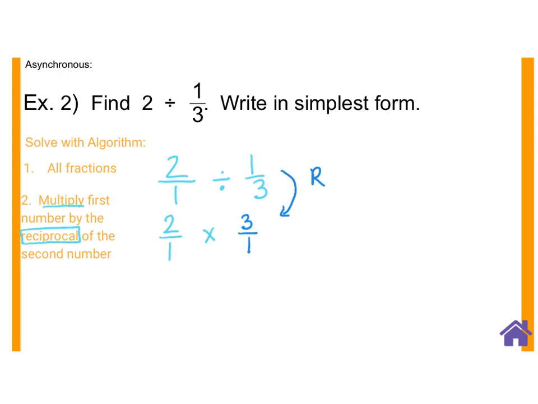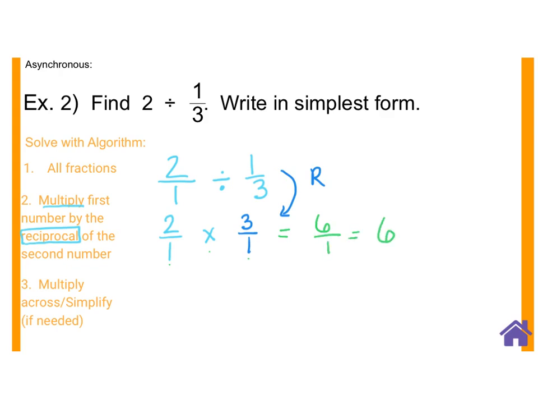And now I need to multiply them. The third step is to multiply across, simplify if needed. So now we're going to multiply straight across. 2 times 3 gives me 6 on the top. And then I have 1 times 1, which is 1. Well, that is just 6 wholes.